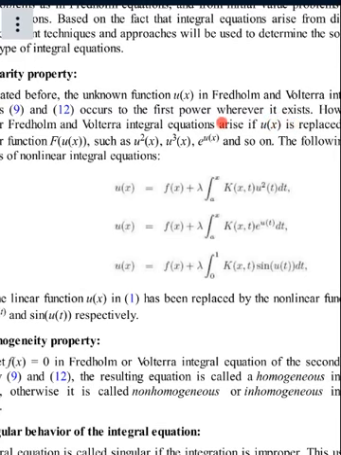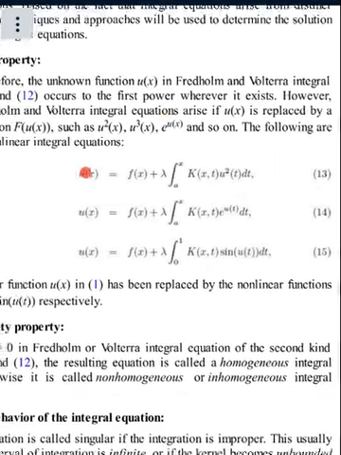It means that in the left side or in the right side in the integral sign, wherever you have the function u, you have only the linear form of this unknown function.